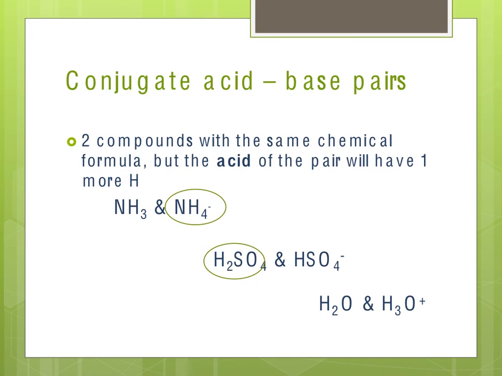Try one more simple example. We have H2O and H3O plus. So which one of these is going to be the acid? Yeah, it's the one with the extra hydrogen. Hydronium is going to be the acid, whereas H2O is the base in the pair.